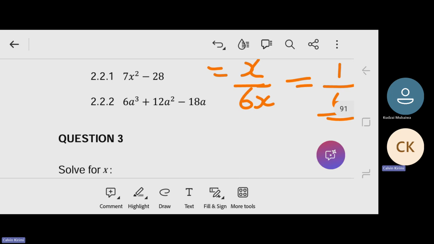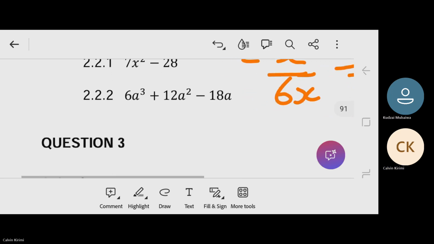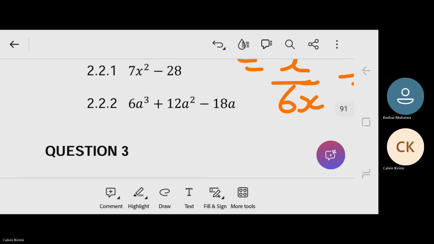The same way we did difference of squares, isn't it? Let's treat this one the same way. Yes, sir. Okay.